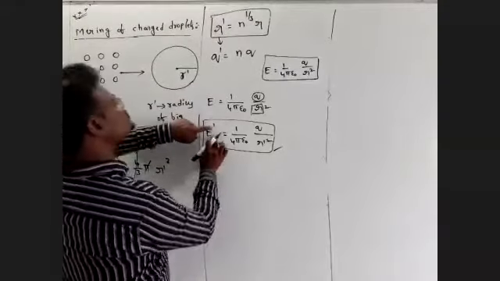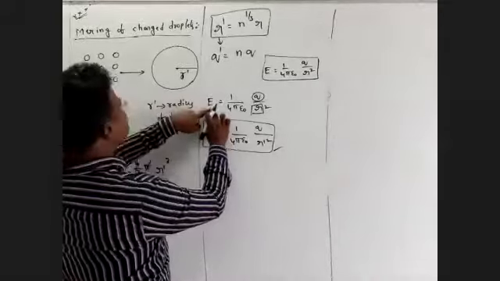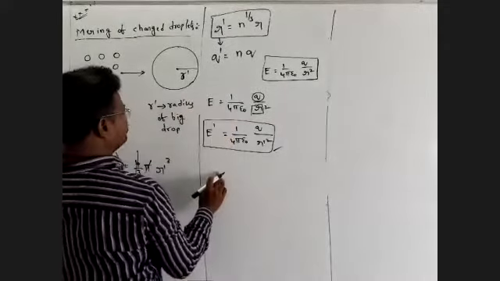E dash means the big drop electric field, and E means the small drop electric field.